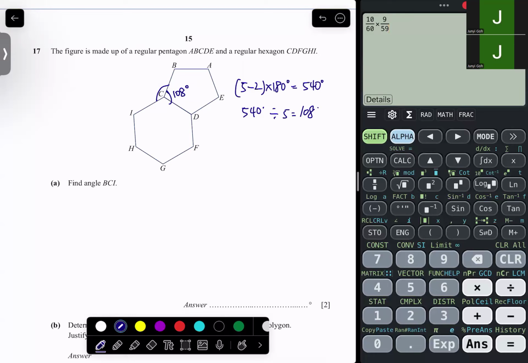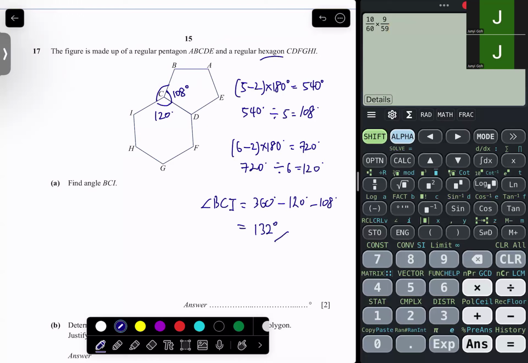Now, hexagon is 6-sided. 6 minus 2 times 180 equals 720. 720 divided by 6, each angle is 120. So angle BCI will be equal to angles at a point, 360 minus 120 minus 108, which is 132. Okay.